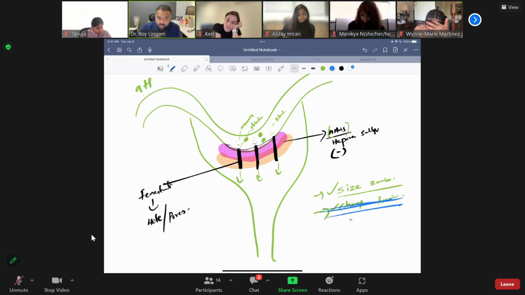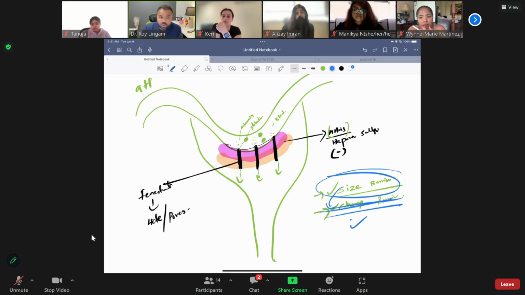Now, just to go one step ahead, you could lose either charge alone or you could lose size. But when you lose the size, you would technically lose the charge too, because that means there's a big damage happening in the fenestration. Anytime they lose size, they would also lose the charge, or they could just lose the charge. Is everybody clear, folks?